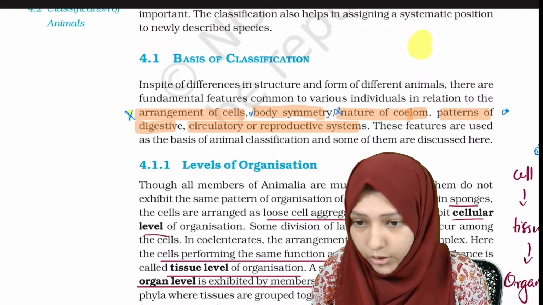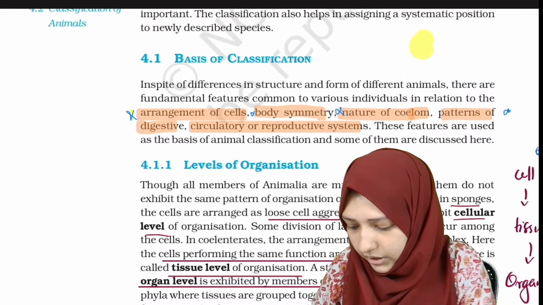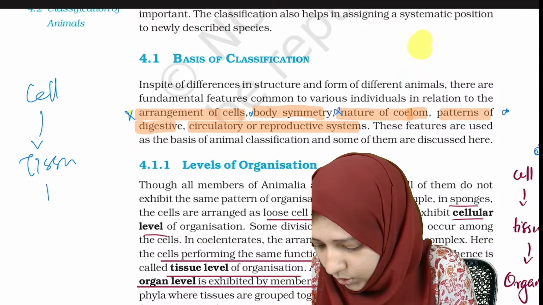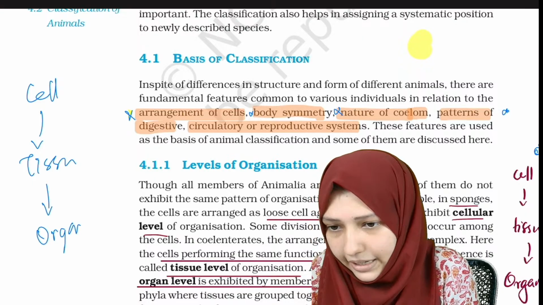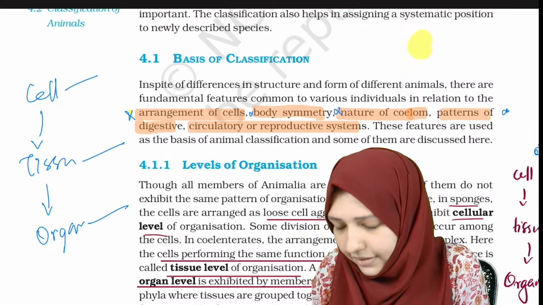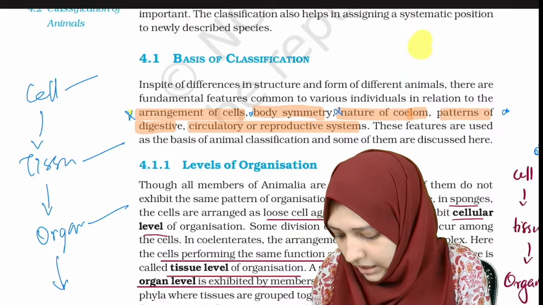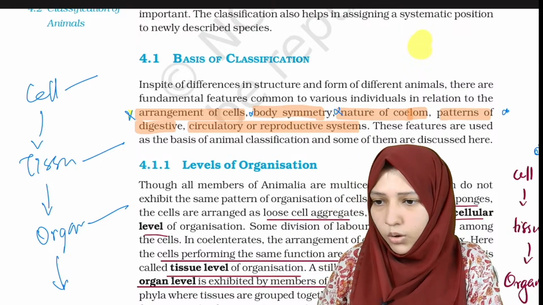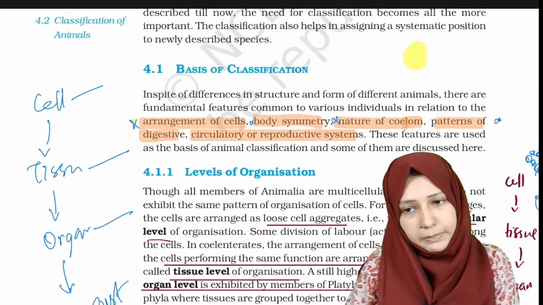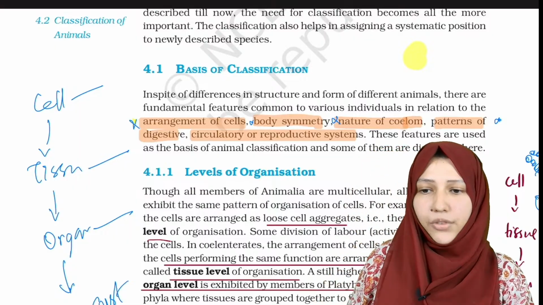So it is cell level organization, tissue level organization, organ level organization, and at last all these organs together will form the organ system level of organization. Clear? And now we will see examples of each of these.